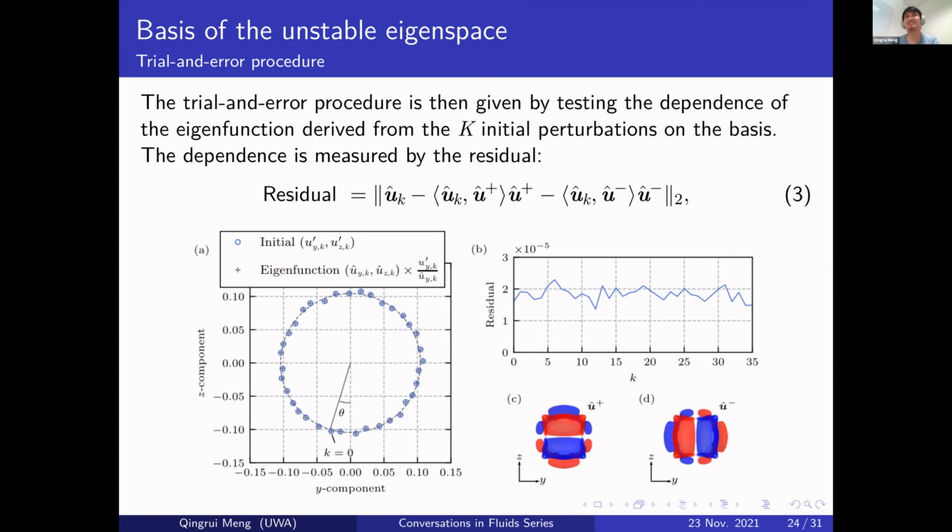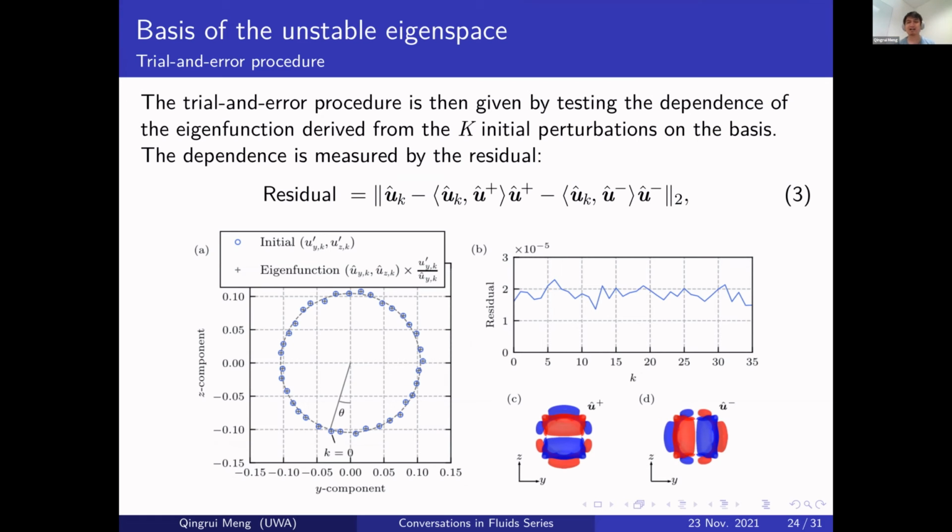The rest is to use the designed initial perturbations to generate a set of eigenfunctions and test the dependence of those eigenfunctions on the basis. If we find they are linearly dependent, that means this basis can express that eigenfunction.